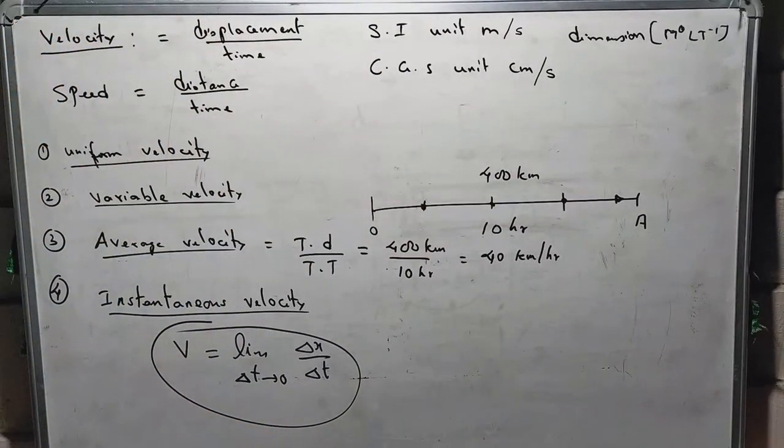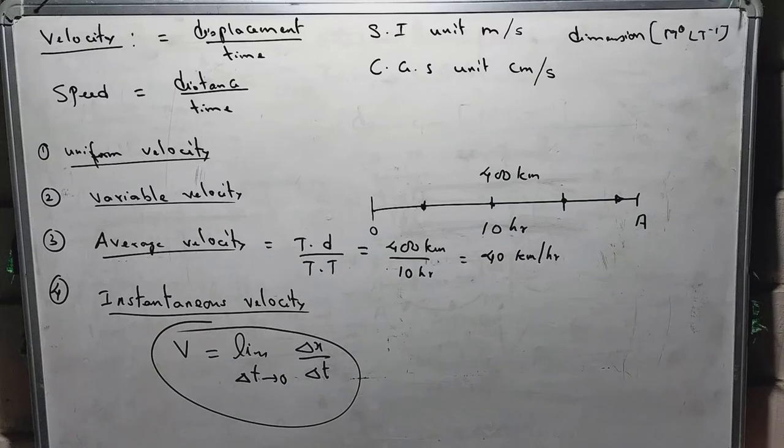You might have seen the speedometer in a car. What does that speedometer tell you? It tells you the average speed, not the average velocity. That means it indicates the amount of speed, how much the car is moving, but it does not specify in which direction the car moves.